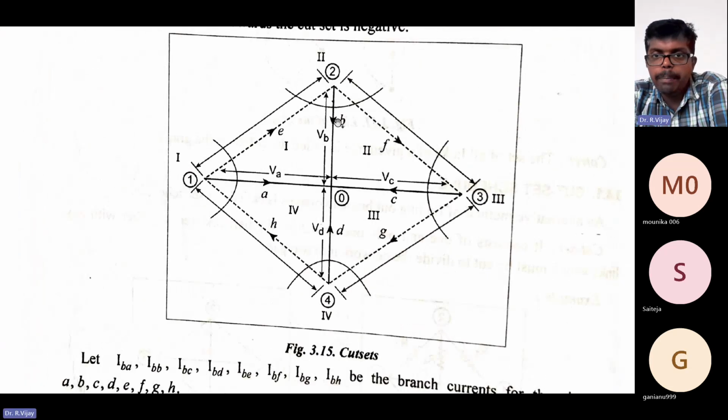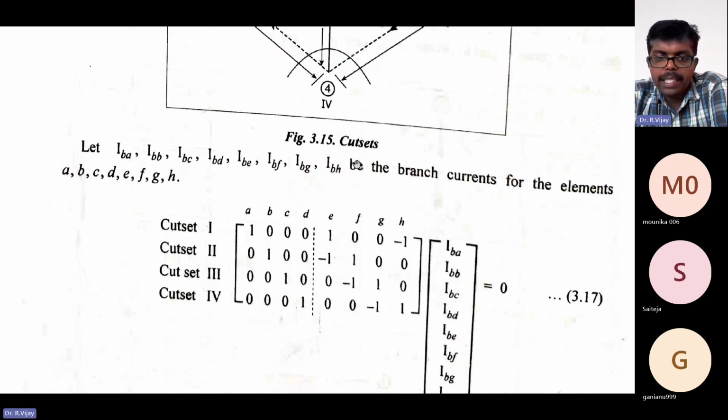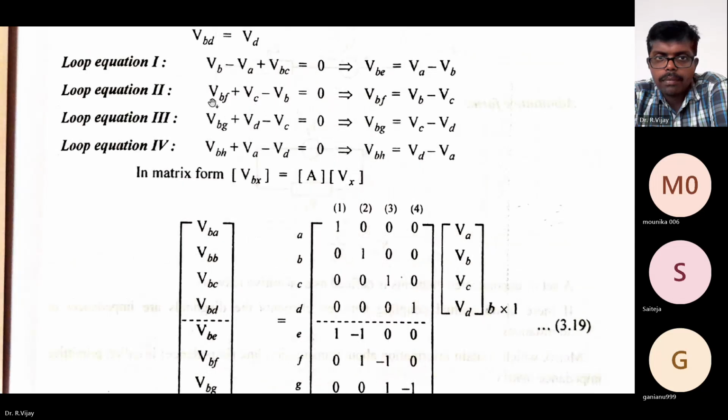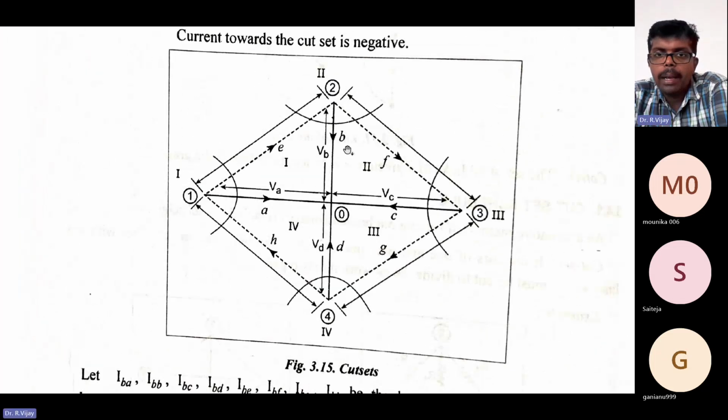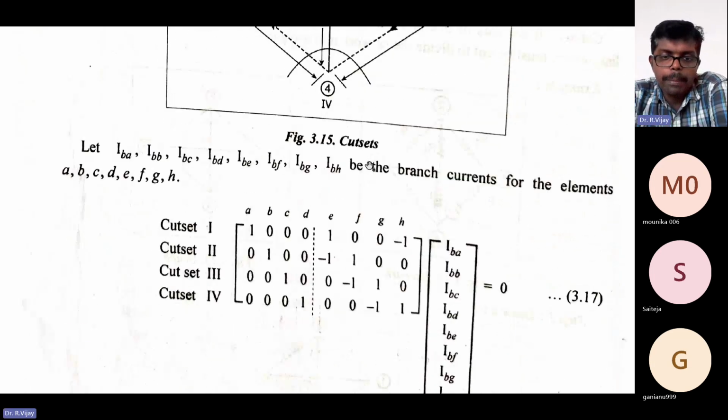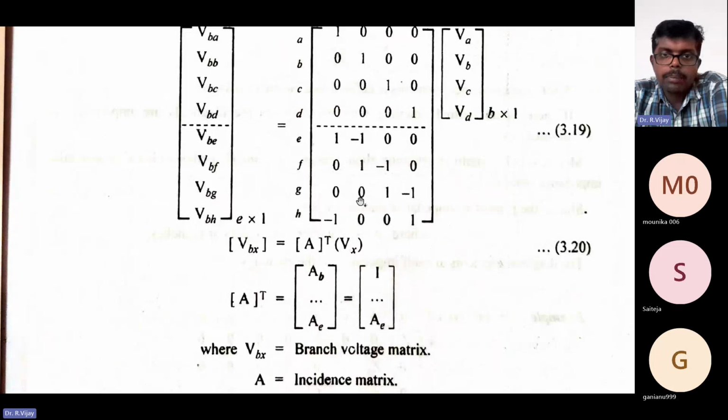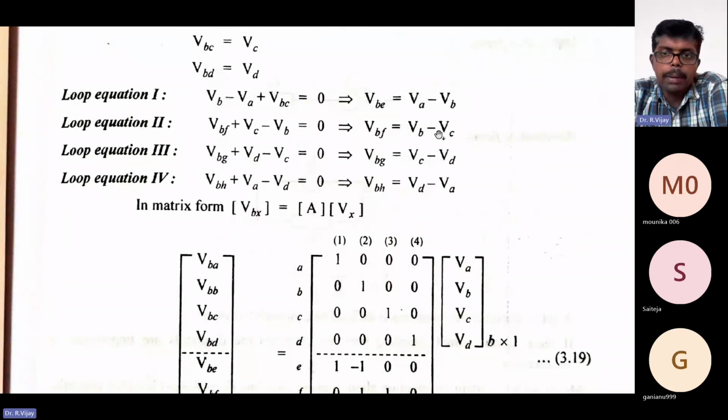Here F is there, so VBF. Plus VC minus VB, minus VB because it is coming in the opposite direction. If you take the loop like this, VC minus VB plus VBF is equal to 0. So from loop equation 2, VBF is equal to VB minus VC.